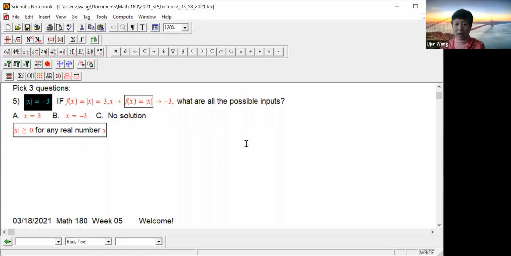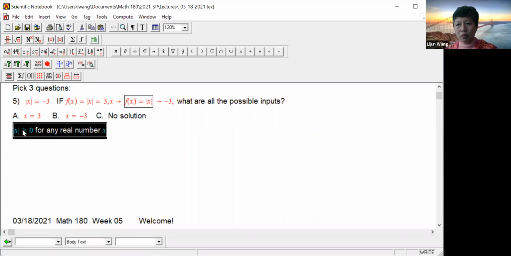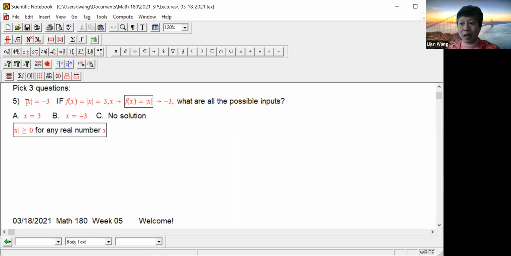It's never going to happen, isn't it? That's called analysis. If any number taken absolute value is going to be greater than or equal to 0, when will it be possible that the absolute value of some number is equal to -3? That's never going to happen, not in a million years.